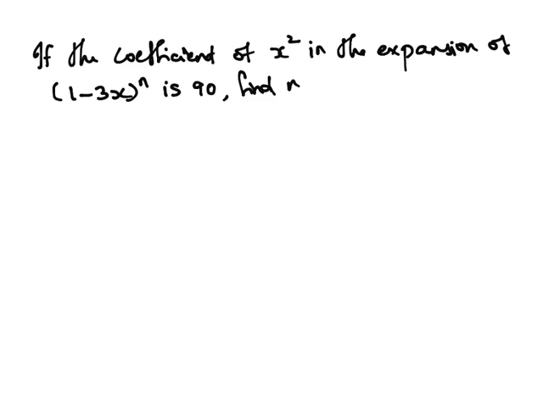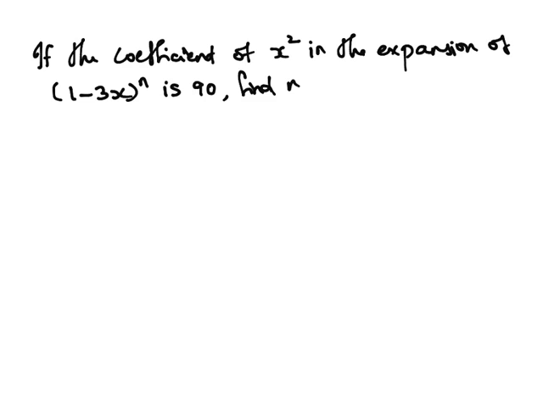If the coefficient of x squared in the expansion of 1 minus 3x raised to n is 90, then find n. Okay, fine. So what do I do? Let me find the general term.